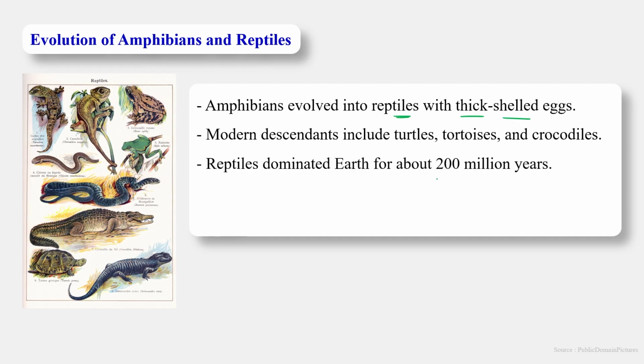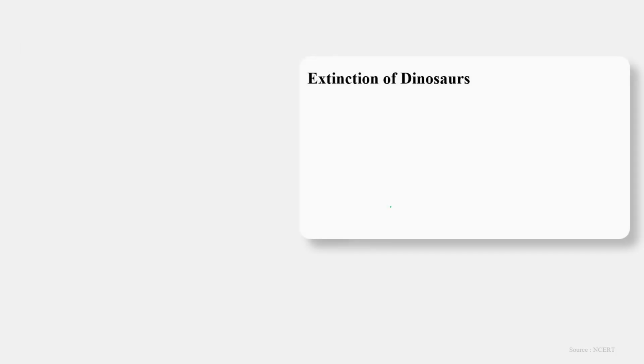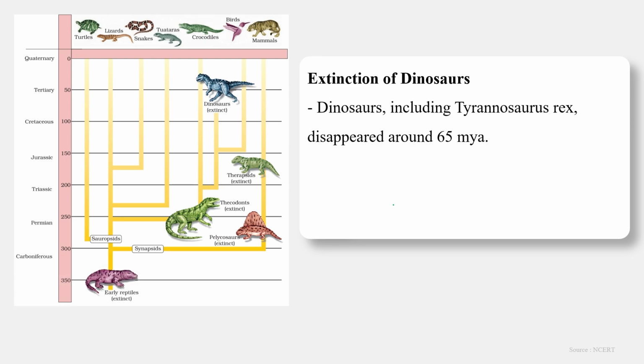Reptiles dominated the earth for about 200 million years. Different kinds of land reptiles evolved into the dinosaurs, with some returning to the water. Extinction of dinosaurs including Tyrannosaurus rex occurred around 65 million years ago.